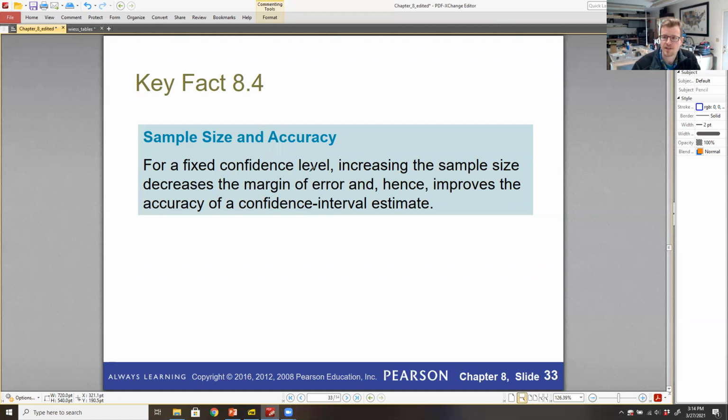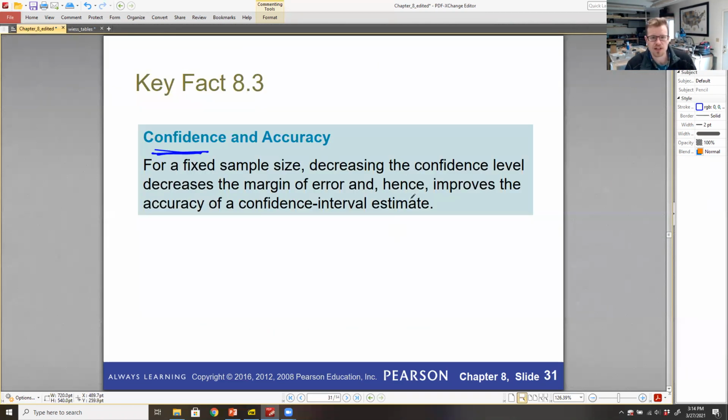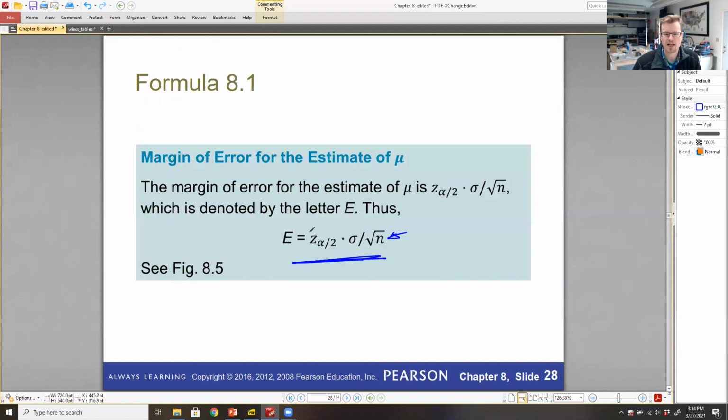If we increase the sample size, we took a look at this back in chapter 7, where we talked about the heights of starting basketball players. If we increase the sample size, we got better approximations. So when we increase the sample size, we're actually going to get a smaller confidence interval estimate. Now, each of these things conceptually we've talked about, but we can talk about them mathematically as well.